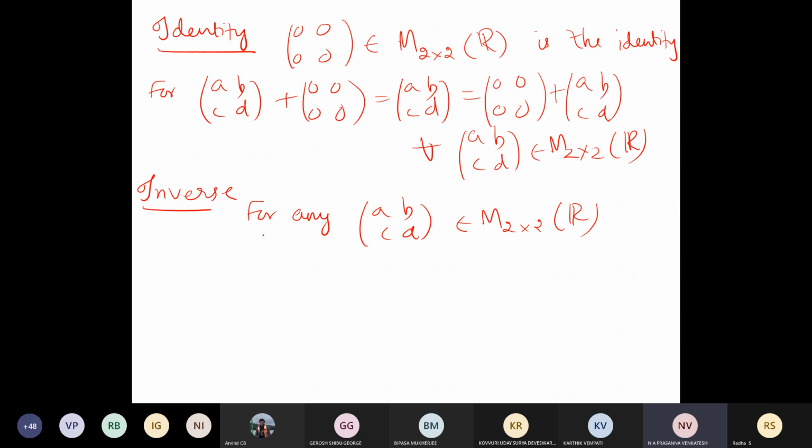I need 0, 0, 0, 0, so if you add minus A, minus B, minus C, minus D, then minus A, minus B, minus C, minus D belongs to M2 cross 2 over R and is the inverse.